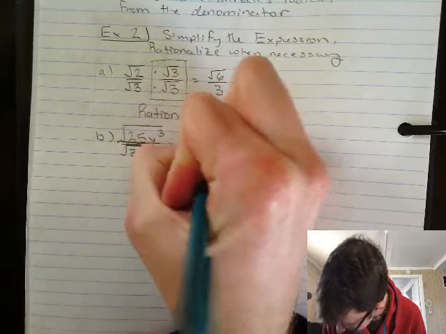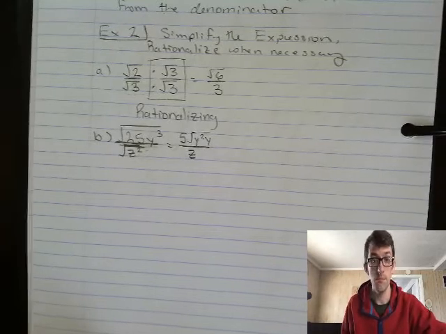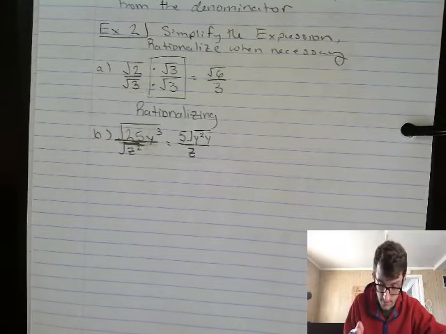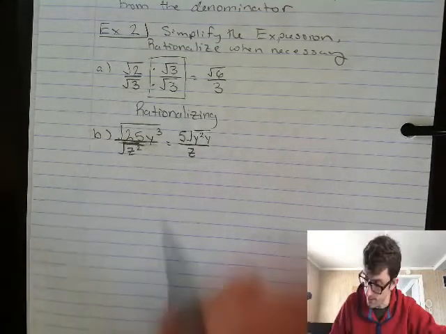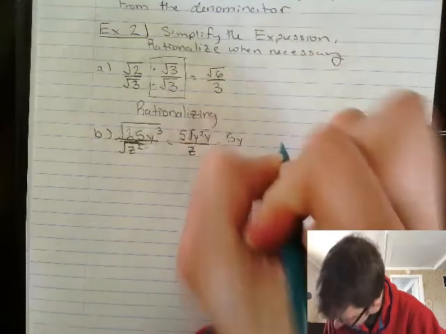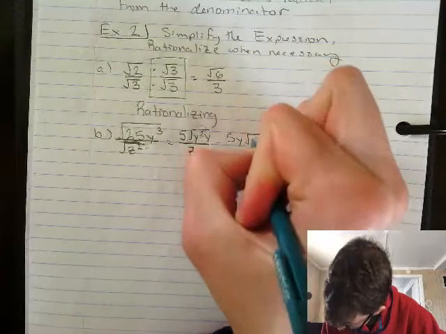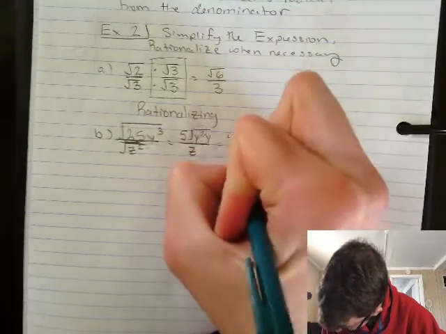Let's go ahead and break that y to the third up to y squared times y. Well, now we can break that apart and square root y squared. So we have 5y. That y is coming from right here.